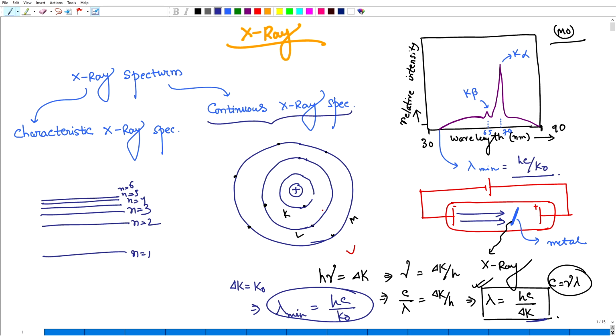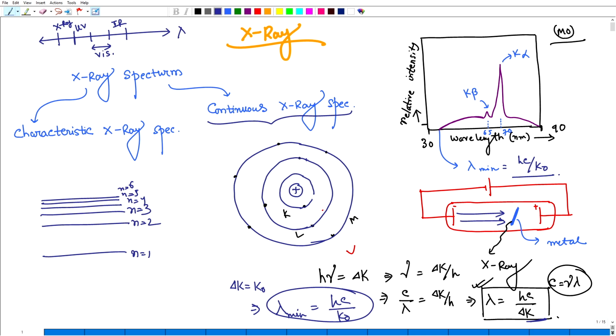So you can see the energy gap between two successive levels decreases as n increases. Now, if you look at the spectrum, here is our visible range, here is IR, and after the visible range there is ultraviolet, and after ultraviolet there is X-ray. So we can see the lambda of X-ray is very small, so the energy will be higher. That means the energy gaps would be higher.